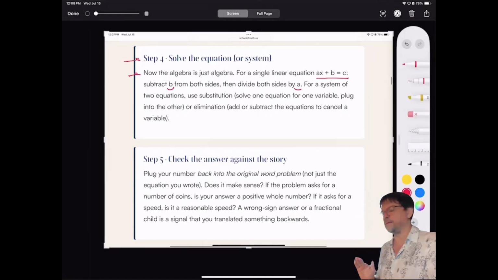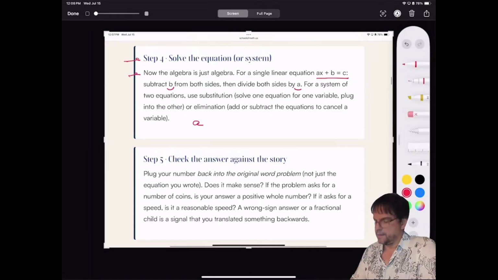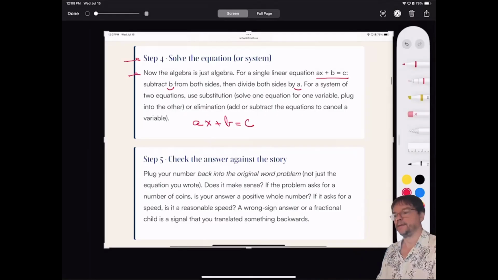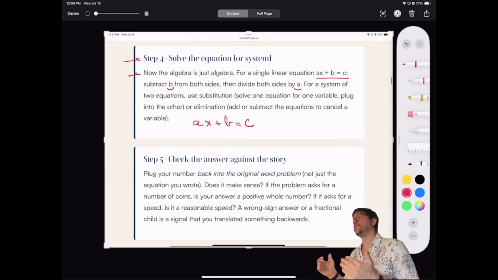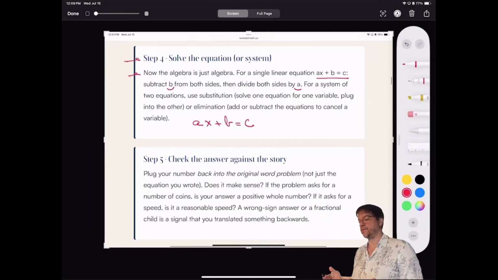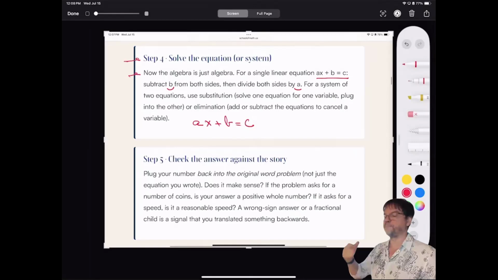Okay, let's talk a bit about this. ax plus b is equal to c. I will pass b. What is my job? Isolate on the left side the variable, that is x. So the first thing I'm going to do is pass b to the other side.